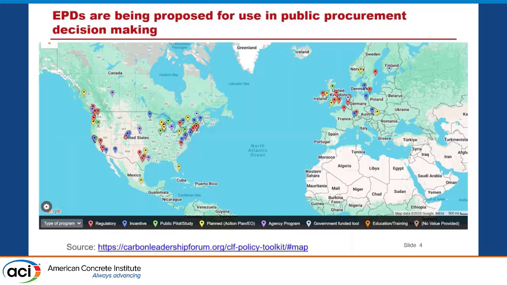You probably have heard about Buy Clean Acts in different states, incentive-based programs, public pilots and studies, agency programs for different DOTs, not only in the US, but also in Europe. It's very much prevalent, as well as the educations and government-funded tools. These decisions are all made for EPDs of concrete, asphalt, wood, glass, and steel.